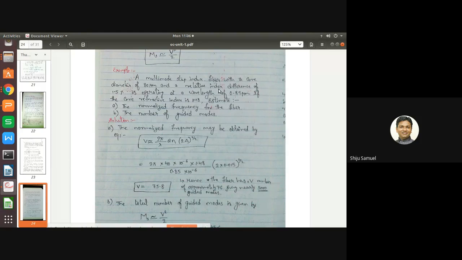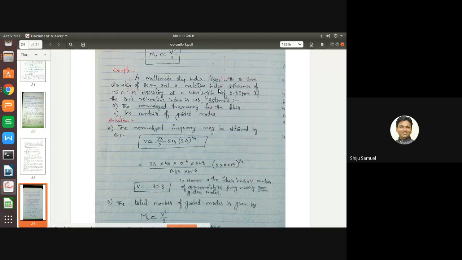So del equal to 1.5 divided by 100, that is 0.015. You can put this value into the equation. So 2 into del is 2 into 0.015, and we need root of 2 into 0.015.